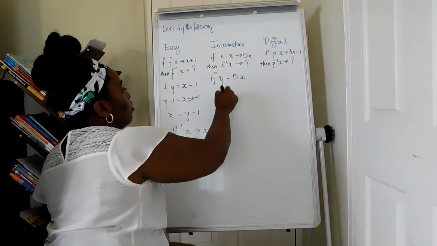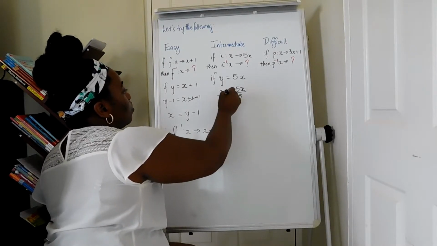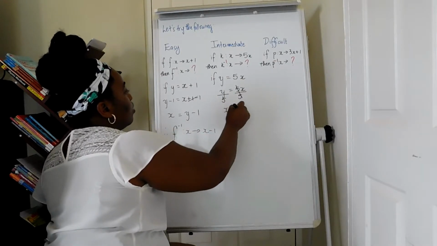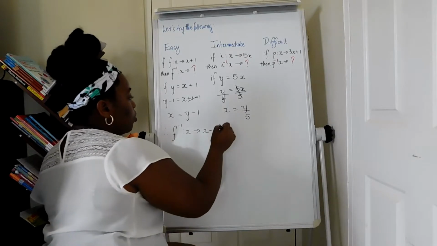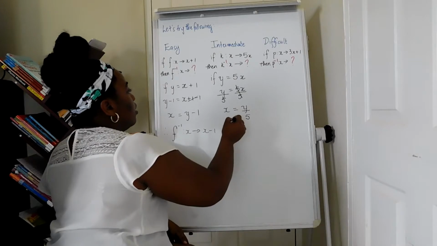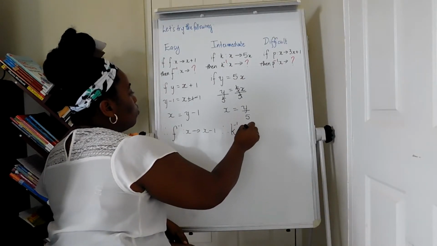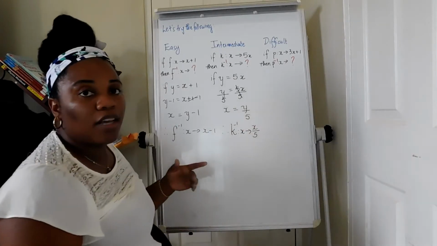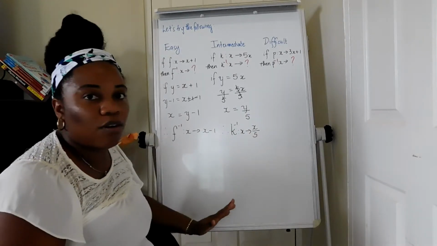Whatever you do to one side, you do to the next. So x is equal to y over 5. Therefore, the inverse of k of x will be equal to x over 5. Again, we just replace the y with the x, and we have our inverse.